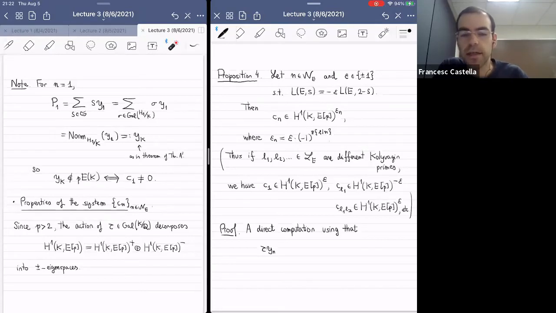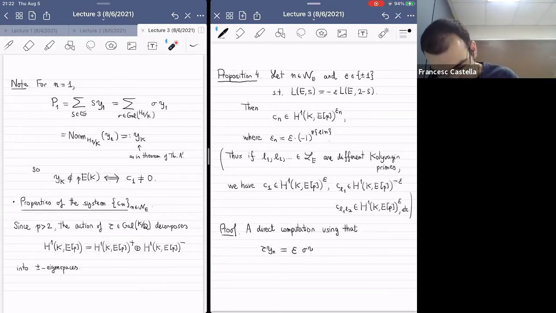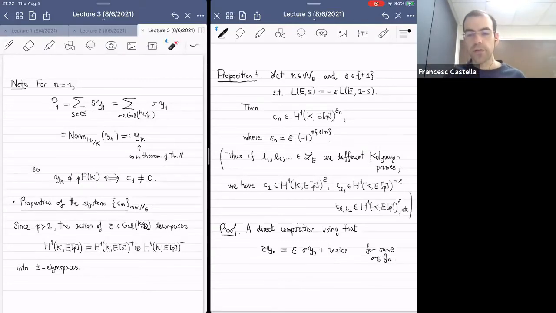It's essentially a tau eigenvector with eigenvalue epsilon, but not quite. Really what one has is this times sigma y_n plus a torsion point for some sigma in G_n, the Galois group of H_n over K.